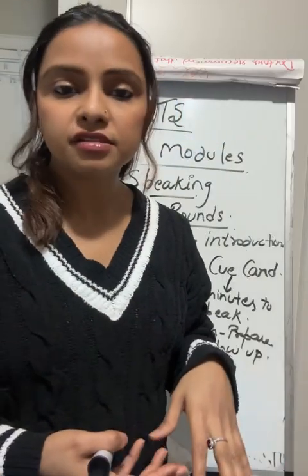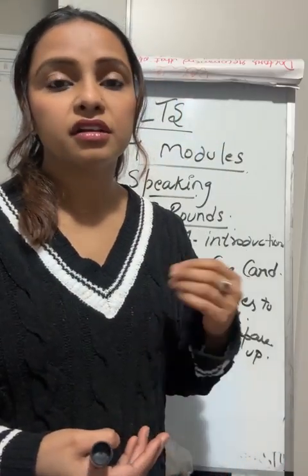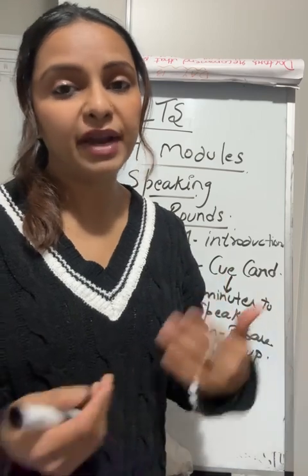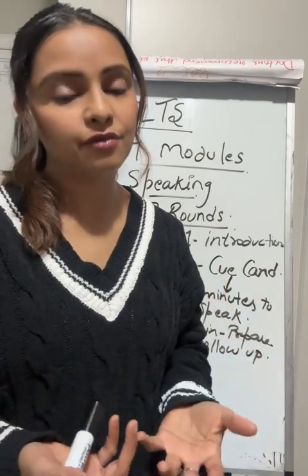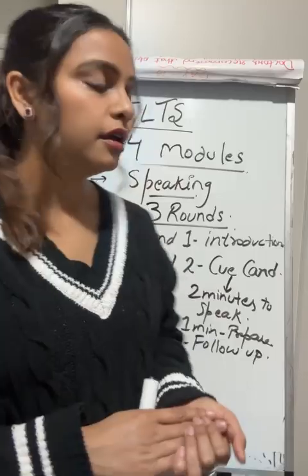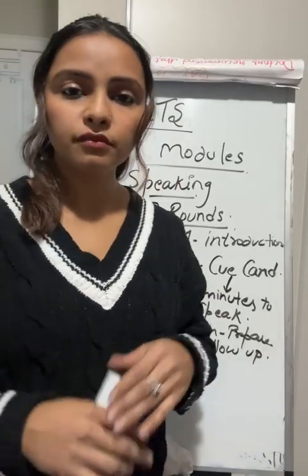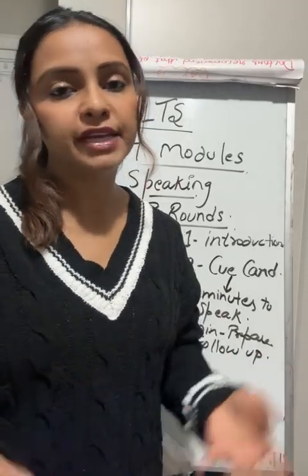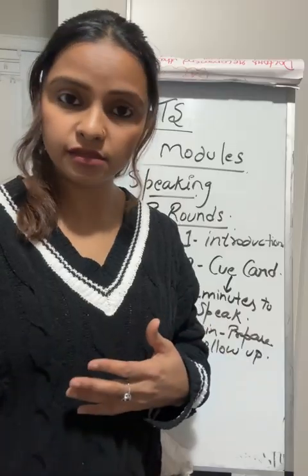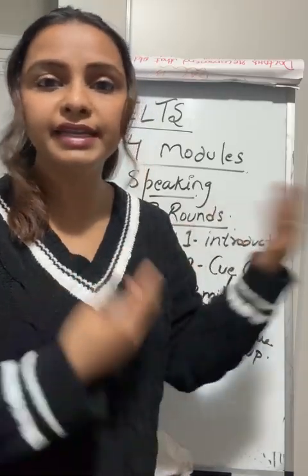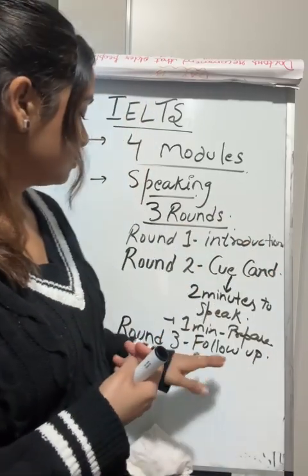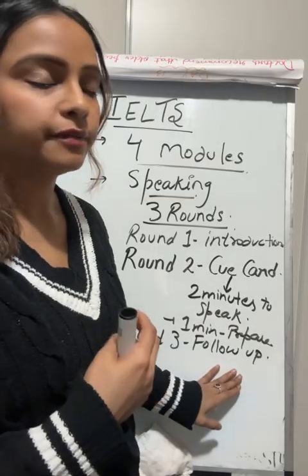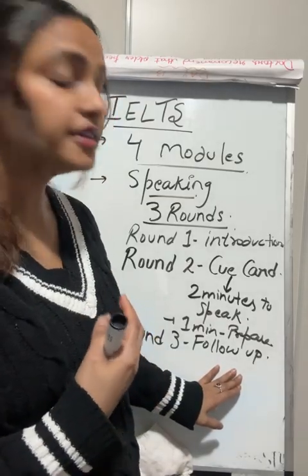If you don't give reasons, the examiner can ask you why, and you might get confused about why he's asking why. You have to explain your ideas till 4, 5, 6 lines or till you think that it meets the demand of the question.